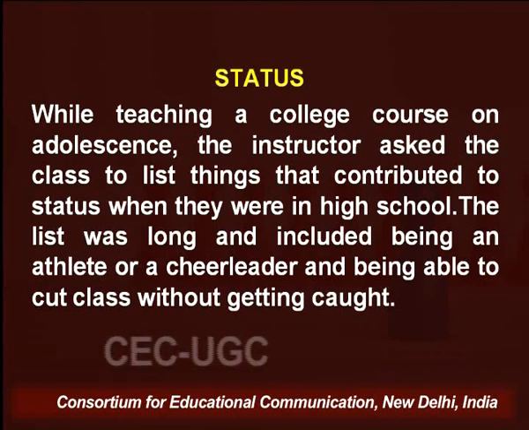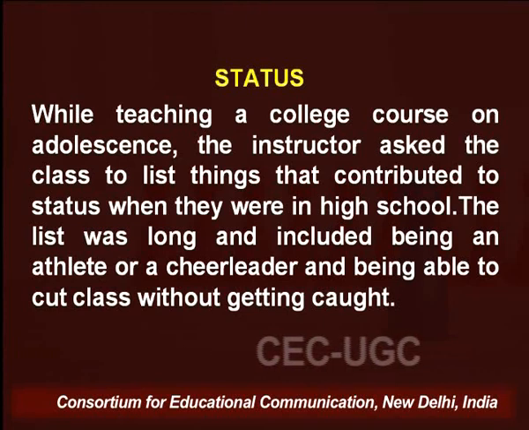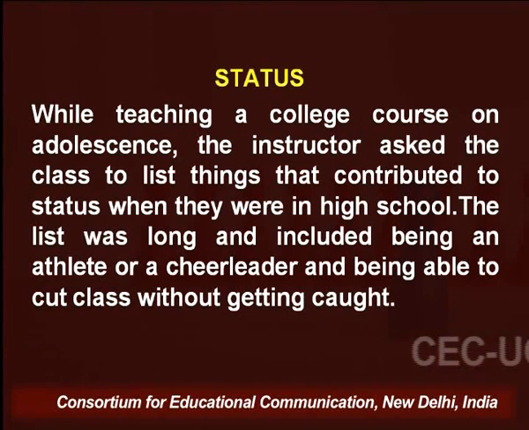The list was long and included being an athlete or a cheerleader and being able to cut class without getting caught. Then the instructor asked the students to list the things that did not contribute to status. Again, it was very easy for the students to create a long list: getting straight A's, having your mother drive you to school, and so on.